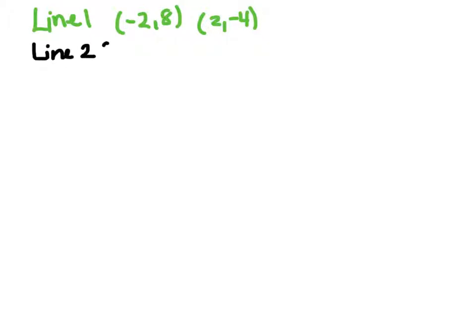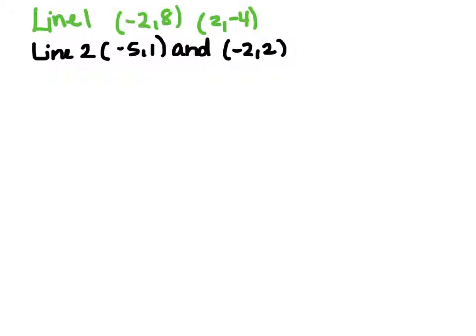Let's look at line 1. It passes through the points -2, 8, and 2, -4. And then line 2, we'll write in black, passes through the points -5, 1, and -2, 2. Right?